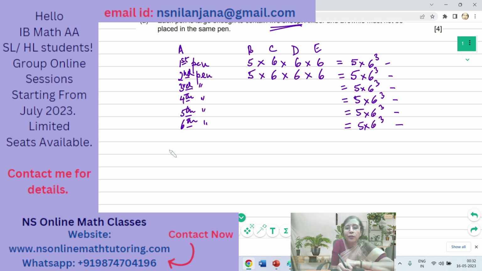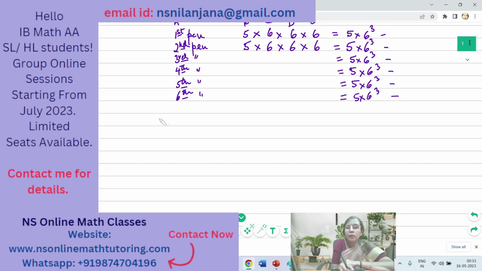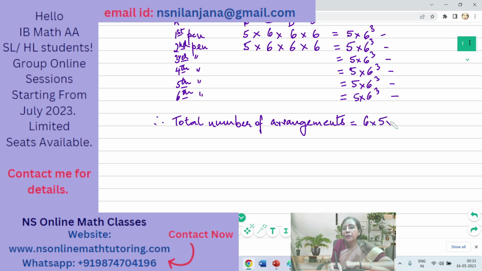Therefore, the total number of arrangements is equal to 6 times 5 times 6 to the power of 3, which is 5 times 6 to the power of 4 ways.